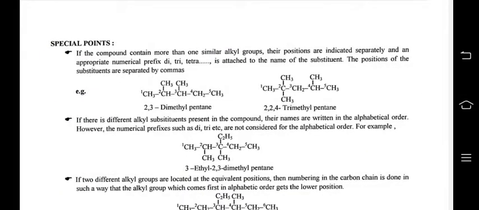In that structure, the longest continuous chain has 1, 2, 3, 4, 5 carbon atoms, and that 5 carbon chain is attached with 2 substituents, that is the 2 methyl groups at number 2 and at number 3. That's why we are using 2,3-dimethylpentane as the name.